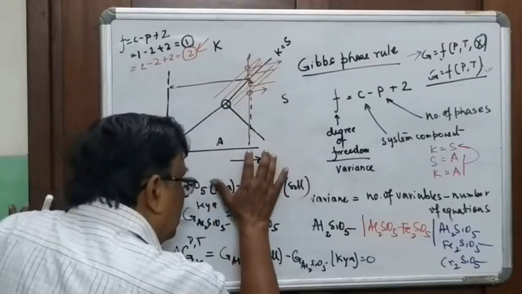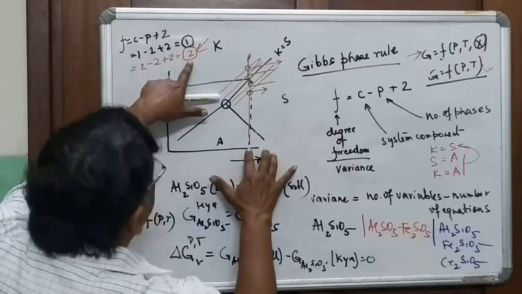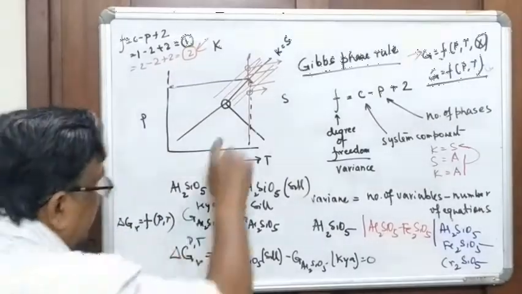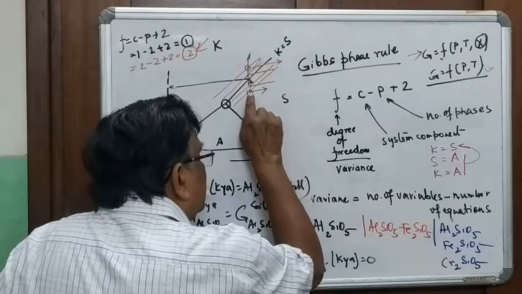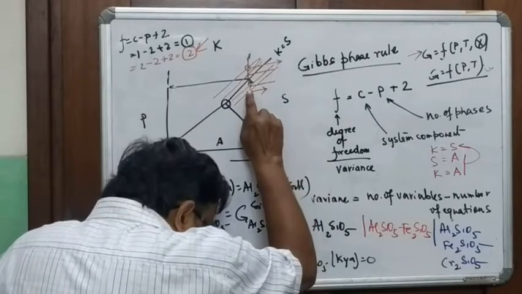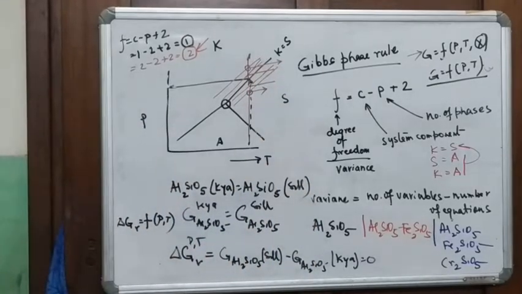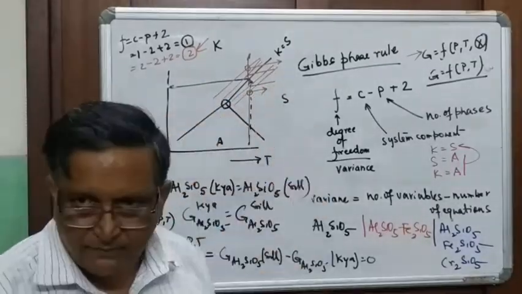So, although you assign a temperature, which reduces the variance, you still have one more variance to contend with. And this now is a line. So you have to assign not only the temperature, but also the composition of a phase, at least one. And then your pressure becomes fixed.